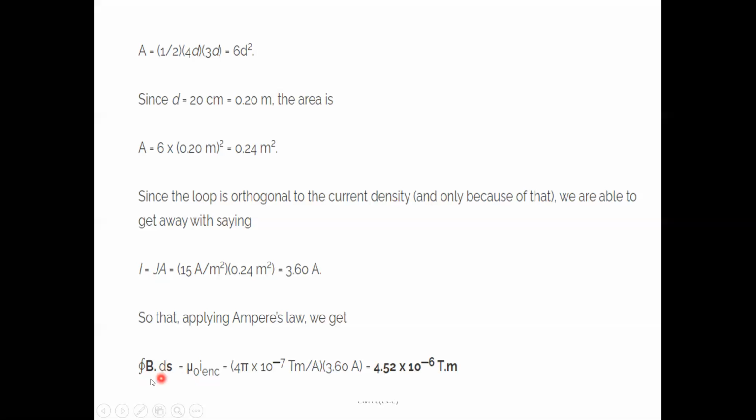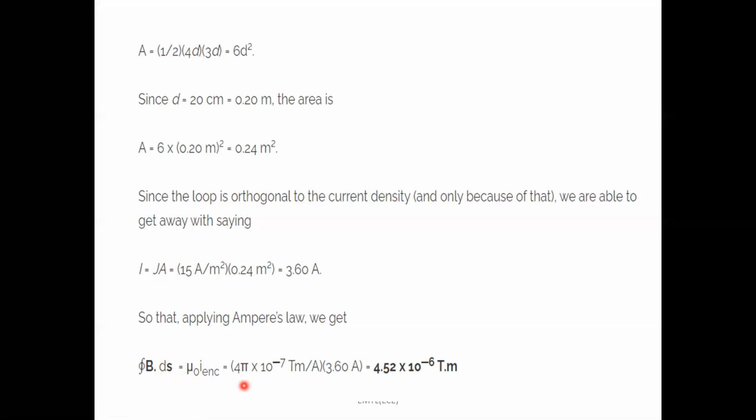B can be expressed in terms of H as B is equal to mu H. So by replacing B by H, integral B bar dot dS is equal to mu naught I.